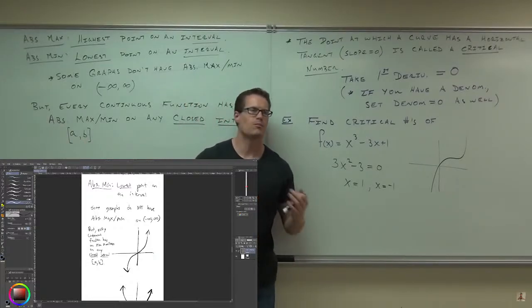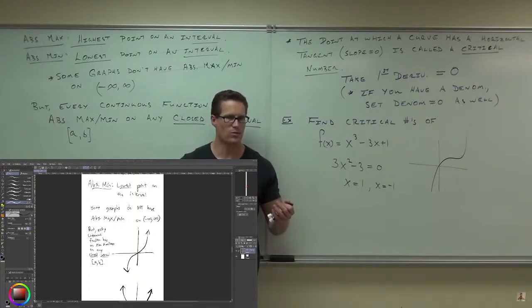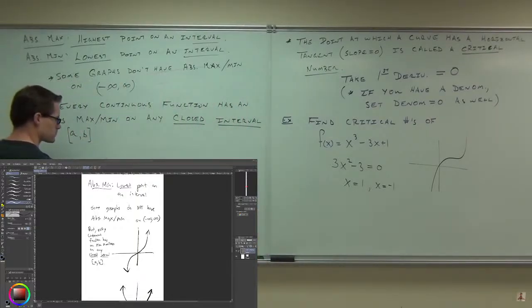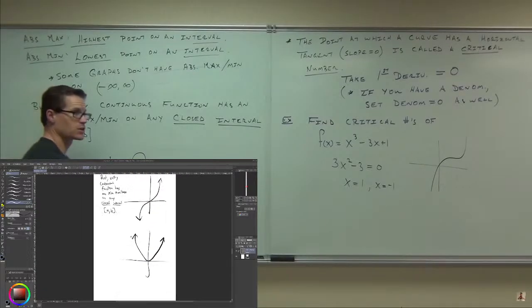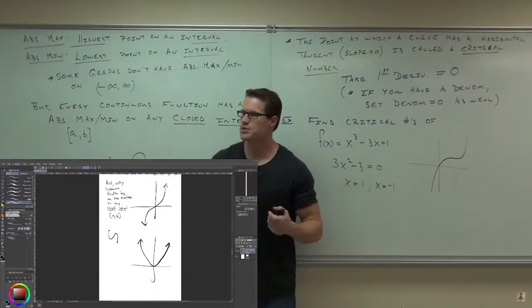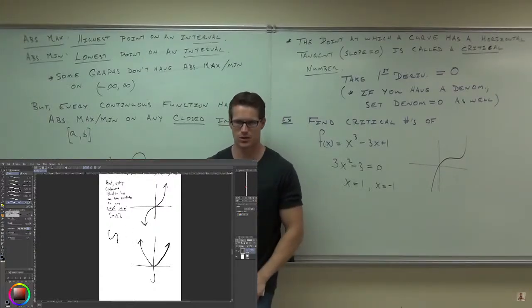Now, where might it exist? Where might that happen? Well, there's only a set number of points. If you think about it, that's a closed curve, true? Closed curve with my closed interval. Where could the absolute maxes and mins possibly occur?